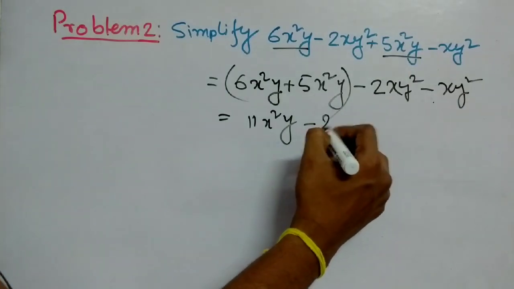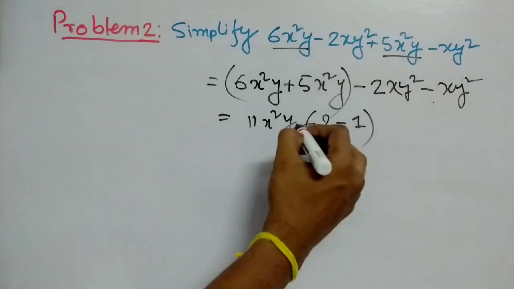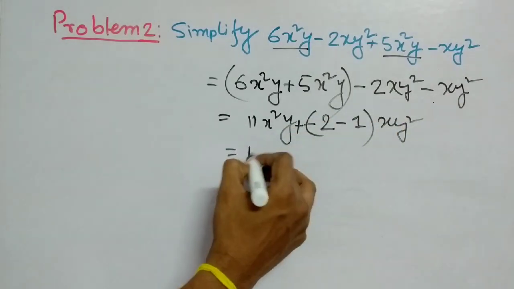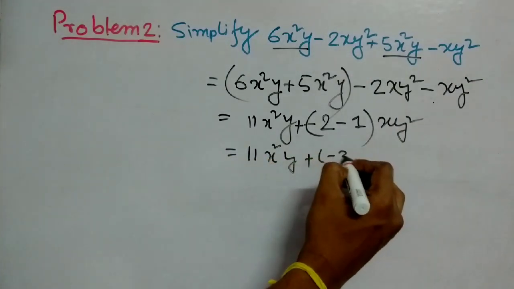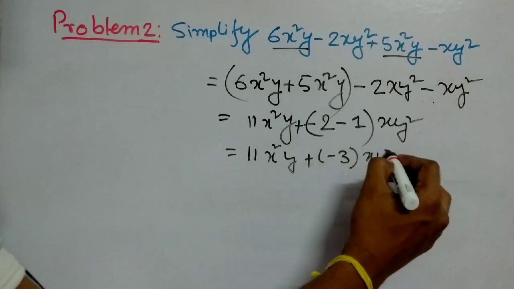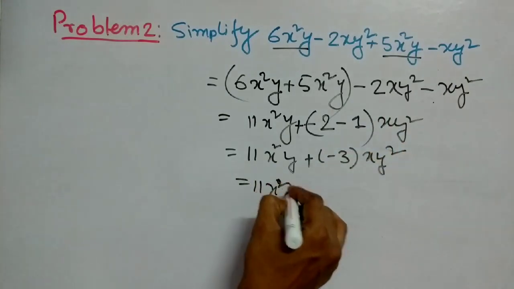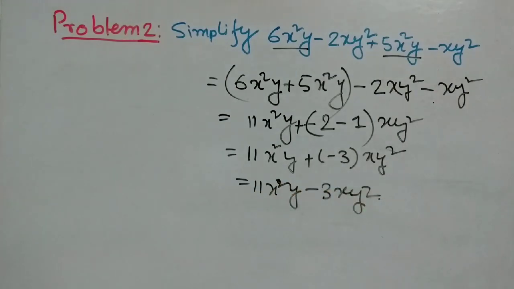So it will be minus 2 minus 1, there is xy square. So 11x square y plus minus 3xy square. So it is 11x square y minus 3xy square, and that is the answer.